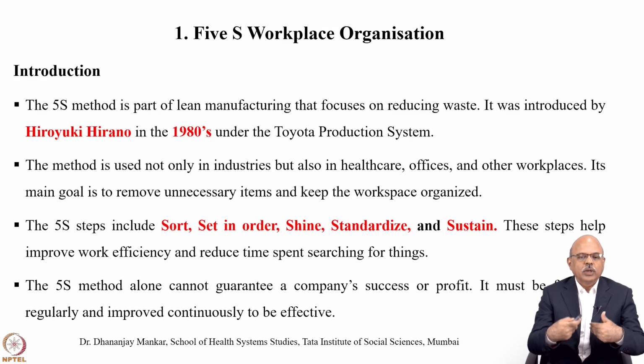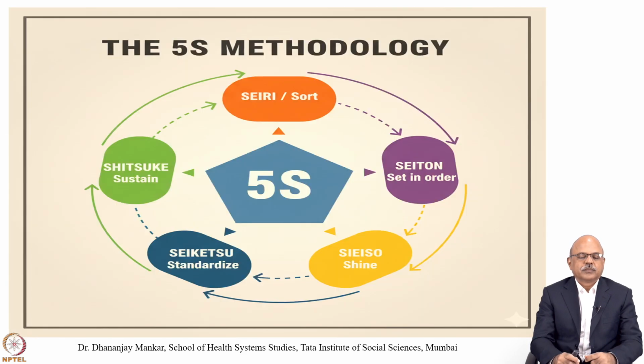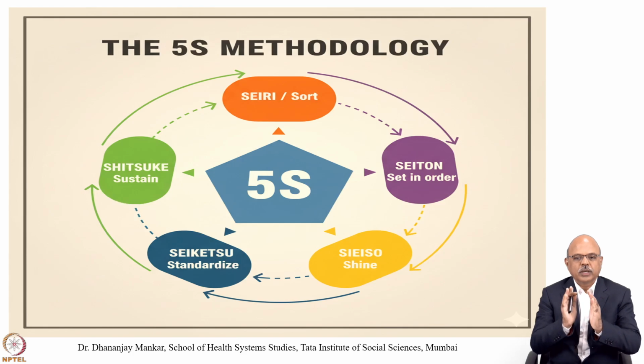You need to continually improve yourself. So this is the 5S methodology I was trying to discuss: sort, set in order, shine, standardize and sustain. 5S all revolves around sorting, ordering, shining, standardizing and sustaining.